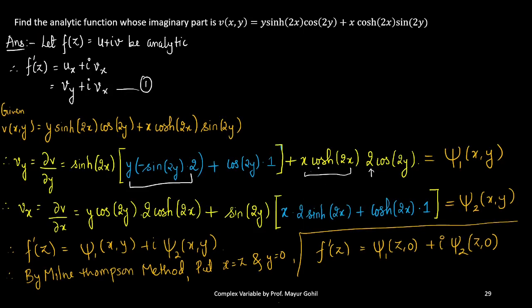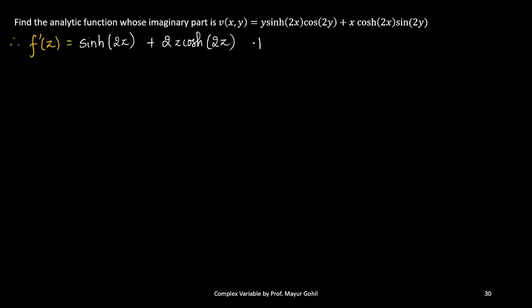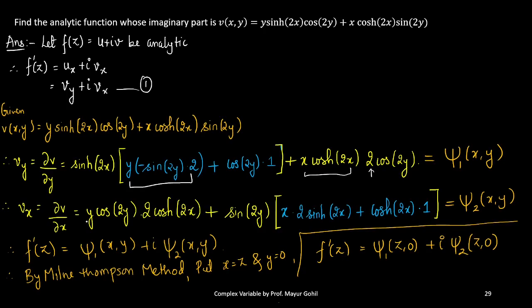Now for the next part, I times psi 2, when we try to go about, it is all going to vanish to 0. See how? Here we have plus I times psi 2, we have to put y equals to 0. So y is 0, so all these terms turn down to 0.